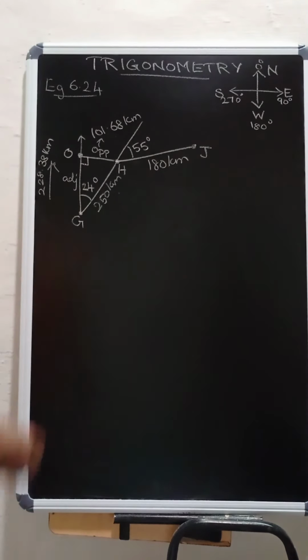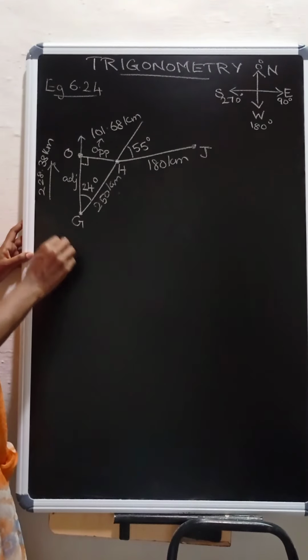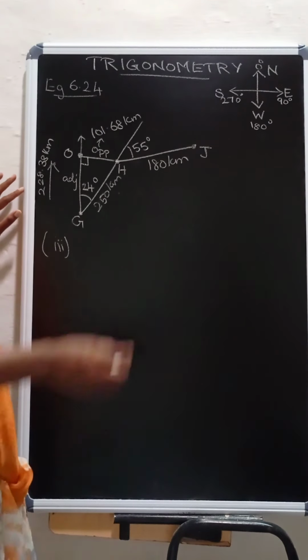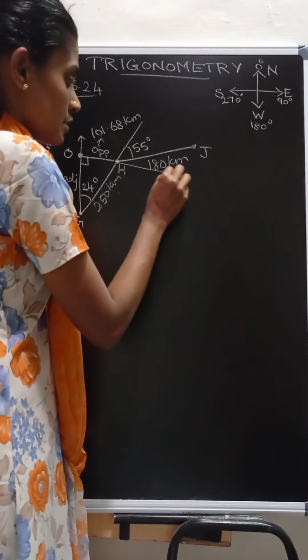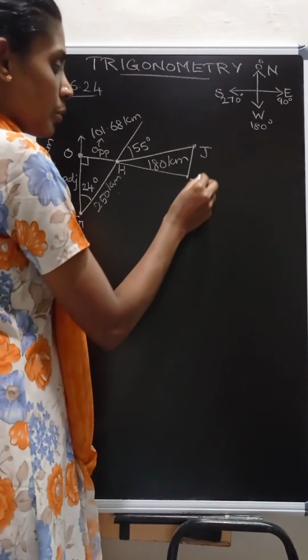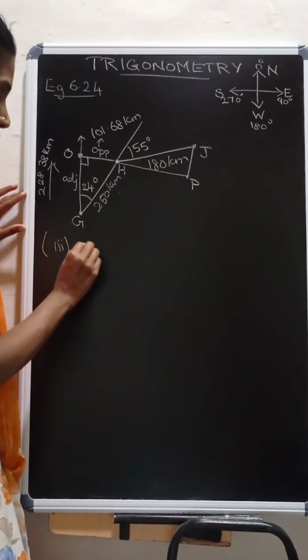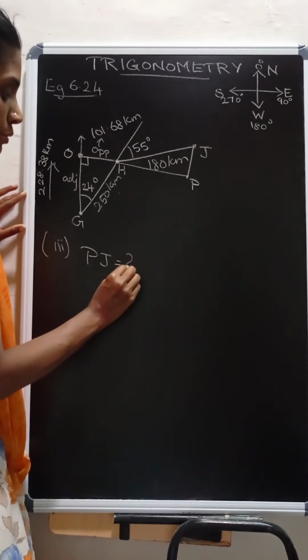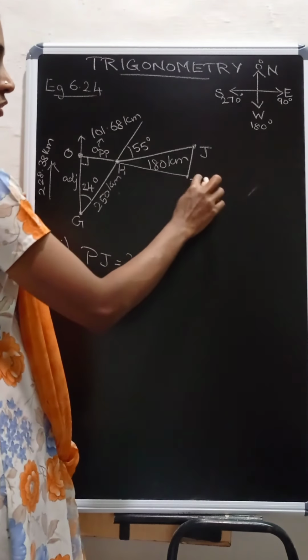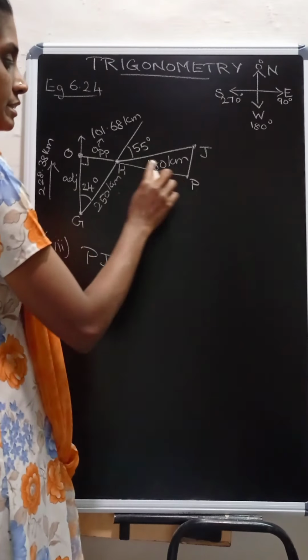Third subdivision. How far is J to the north of H? So they are asking you this one. Let this be point P. Now we have to find PJ. So how far is J to the north of H? We need to find this distance.